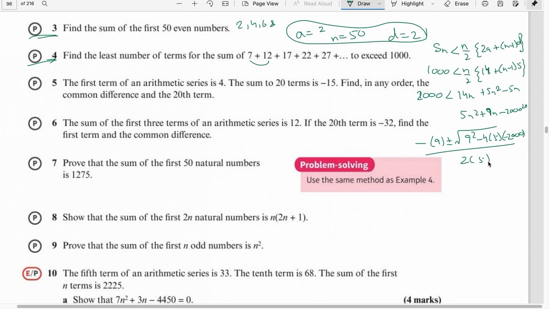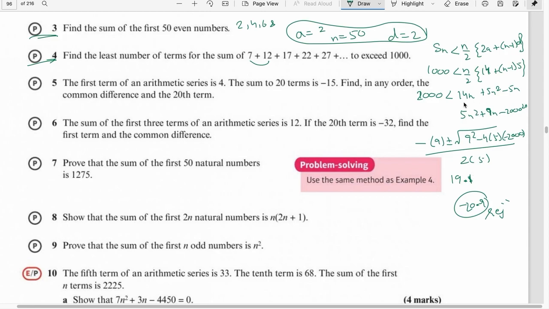So minus 9 plus square root of 9 squared minus 4 into 5 into minus 2000, over 2 into 5, is 19.1, and with the negative sign is negative 20.9. So I'm straight away rejecting this, as n cannot be negative.